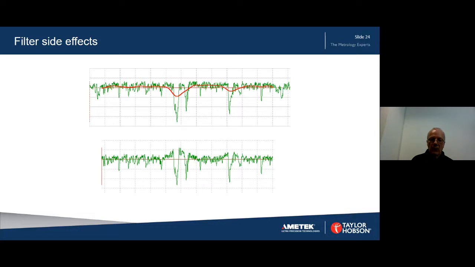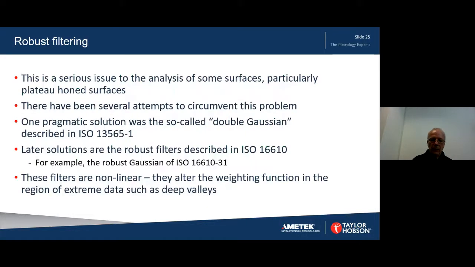This would obviously impact on the statistics such as the peak height and valley depth that would be calculated on the roughness profile. This is unhelpful when trying to assess this kind of surface for its functional properties. In order to address this situation and reduce the apparent distortion in the data, we need to take a different approach to filtering.